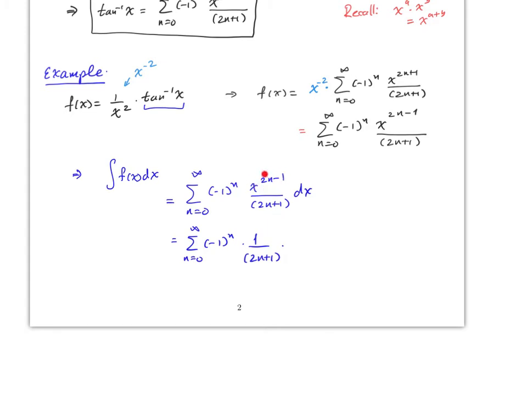Then the integral of this is going to be x to the 2n. Remember, you have 2n minus 1 plus 1, so that gives you 2n. And then there is a constant that you may have to adjust. But now this will be the power series representation of this integral, so that means you can use this to integrate or to approximate this.